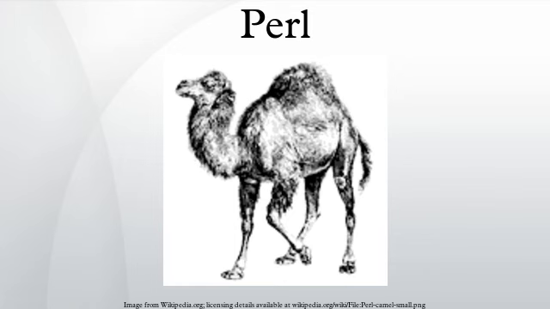Availability: Perl is dual licensed under both the Artistic License and the GNU General Public License. Distributions are available for most operating systems. It is particularly prevalent on Unix and Unix-like systems, but has been ported to most modern platforms.